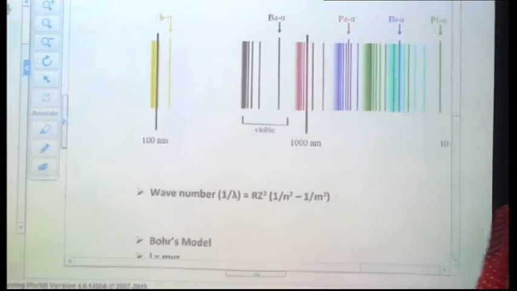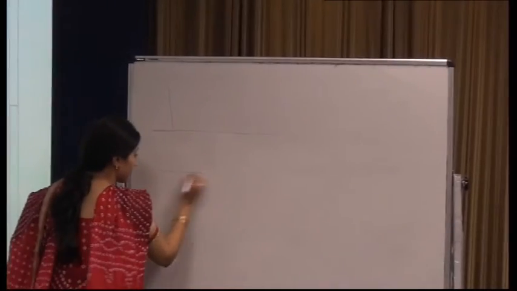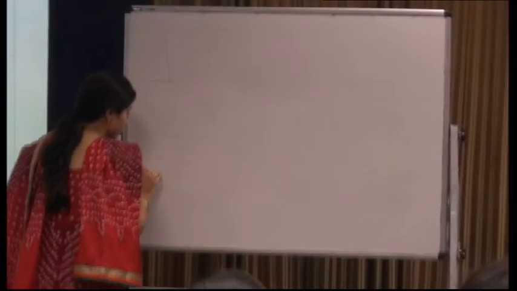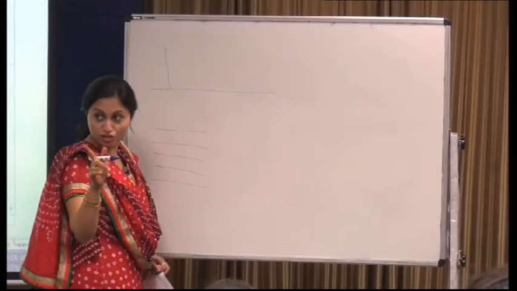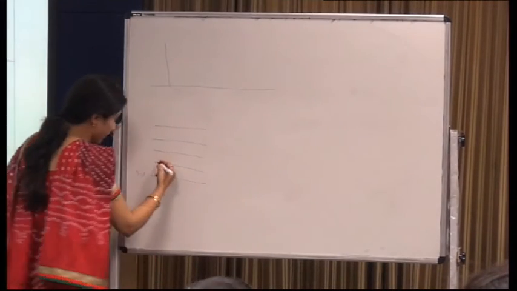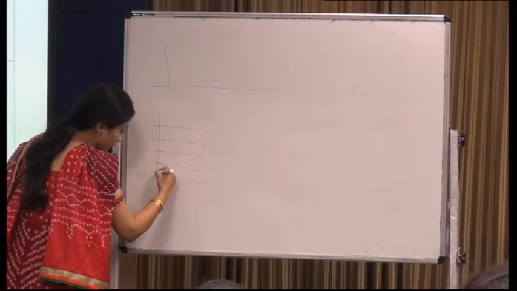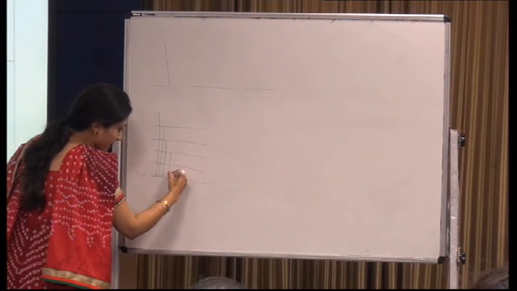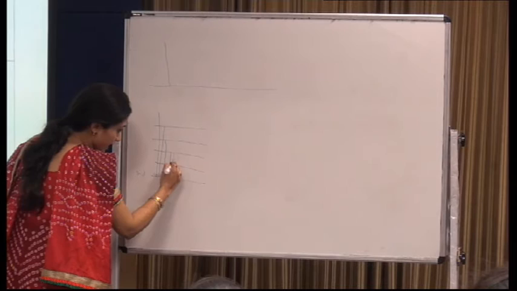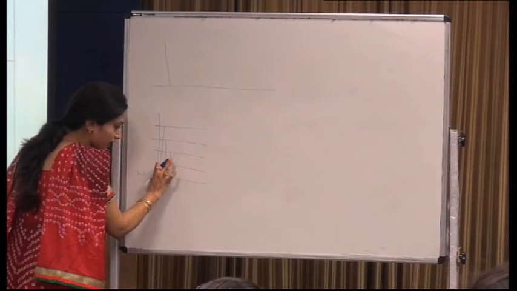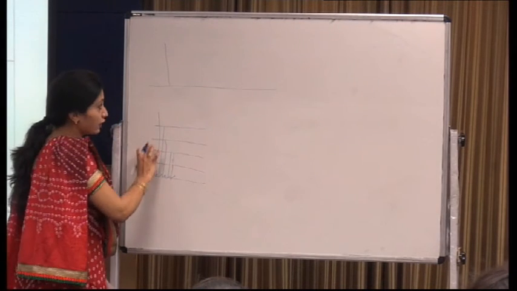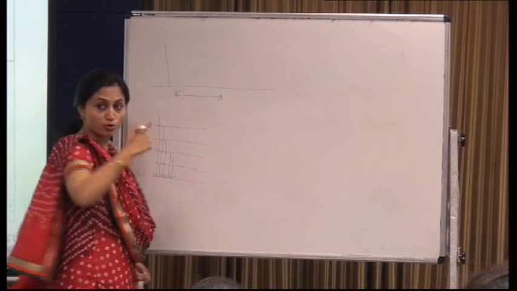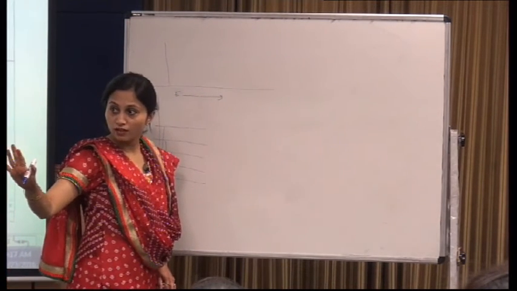Last time I told you that you check the transition from the different levels that you have. Say this is n is equal to 1. Sorry, they are equally spaced here, but otherwise they are not. I just drew them like that. So it is coming from infinity to 1, then from this level to the other, so it comes like this. Now this energy difference corresponds to a particular energy on the spectra. You know how to draw a graph.